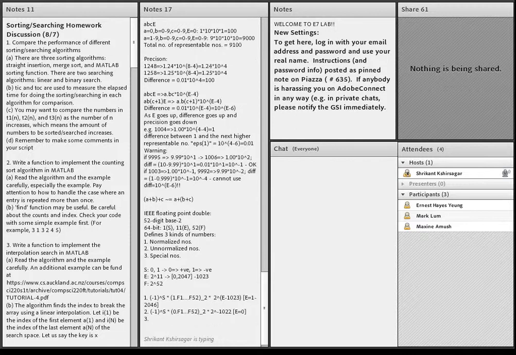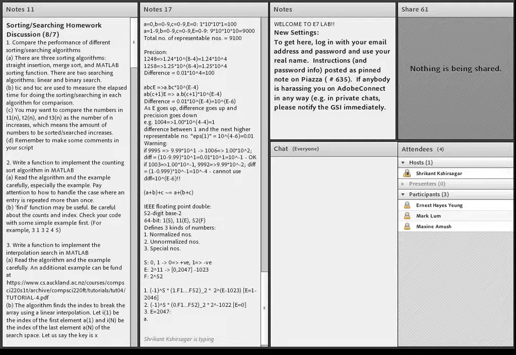And finally, the special numbers are those which correspond to e equal to 2047. And here you have three cases. If all the fractional bits are 0, so f1 all the way to f52, f1, f2, f3, f4, all of them are 0, then that corresponds to either plus or minus infinity.